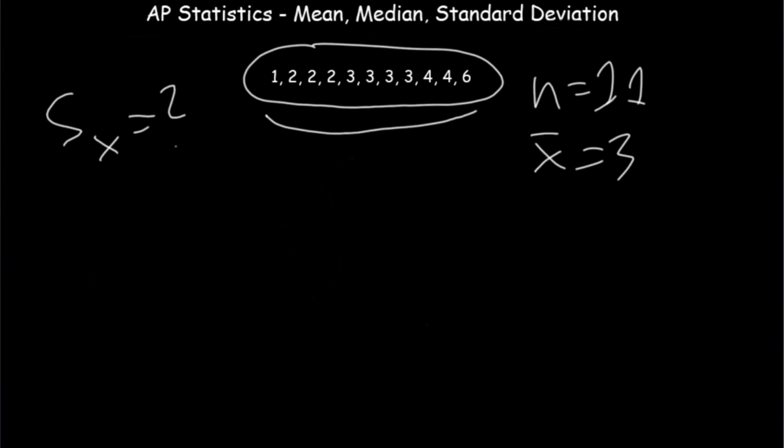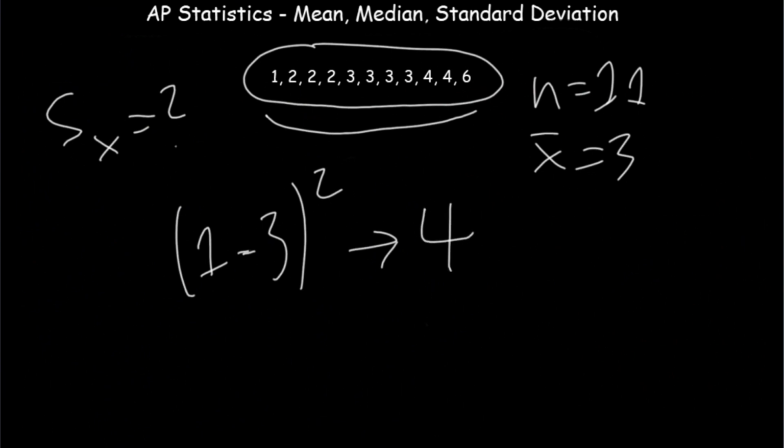So let's say for 1, we have 1 minus 3. Whoops, that's a bad looking 3. I'm not using my pen right now. My pen is dead, so I'm using my finger. So 1 minus 3, negative 2 squared, which is just 4. So we have 4. And then 2 minus 3 squared is just 1.